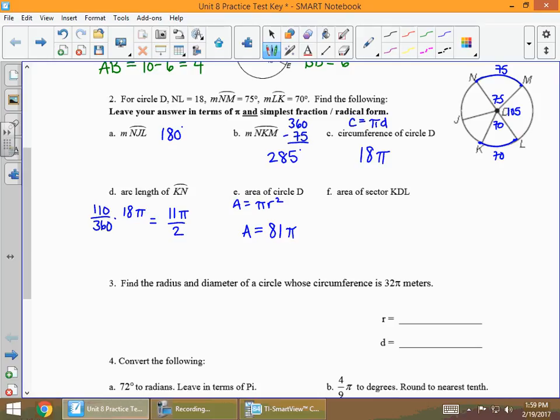And the last one, find the area of KDL. KDL, this area right here. Again, very similar to D. I care about the angle of the arc, so that's 70 out of 360 times. Now I'm finding the area of the sector, so I'll take that fraction and multiply it by the area. So I'll multiply by 81 pi.